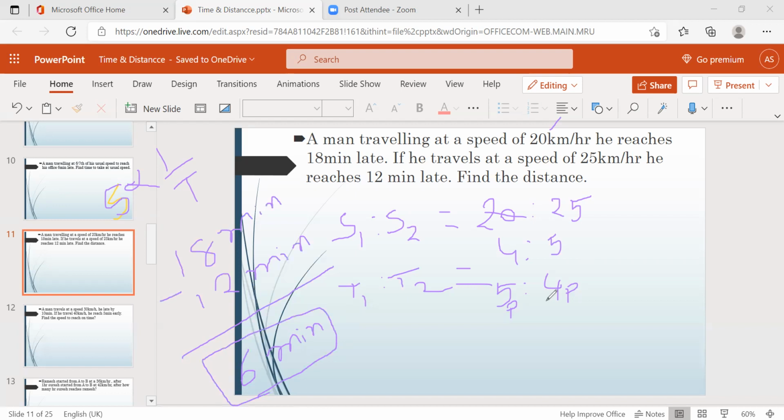How many parts is the difference here? One part. One part difference is nothing but 6 minutes. So 5 parts will be 30 minutes, and 4 parts will be 4 into 6, 24 minutes.